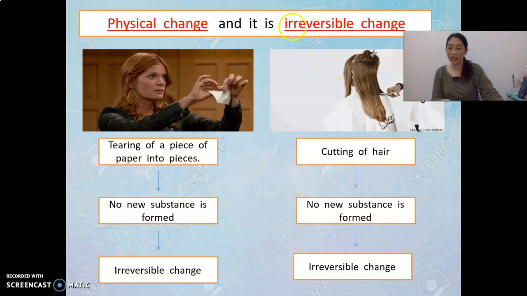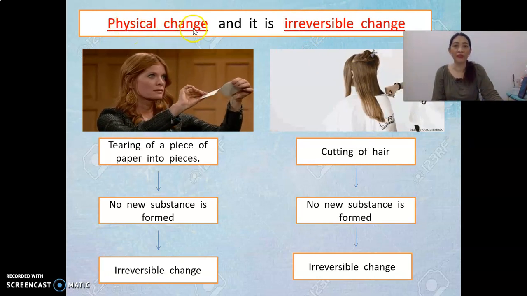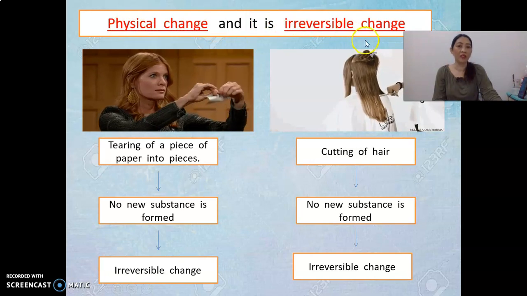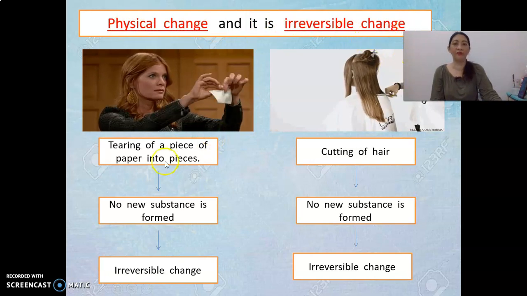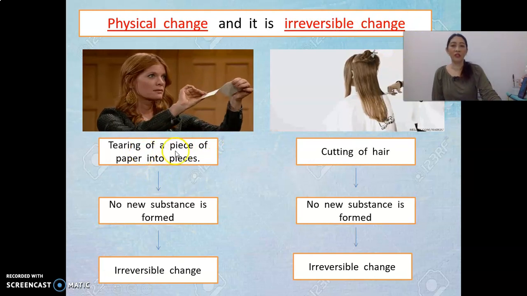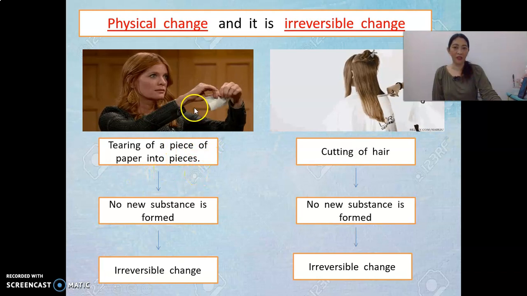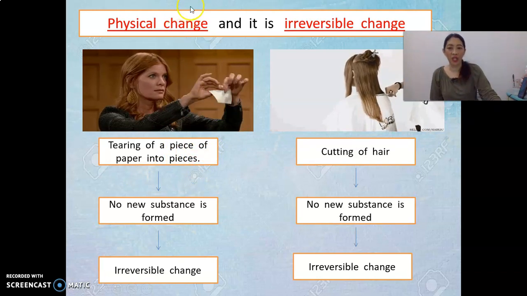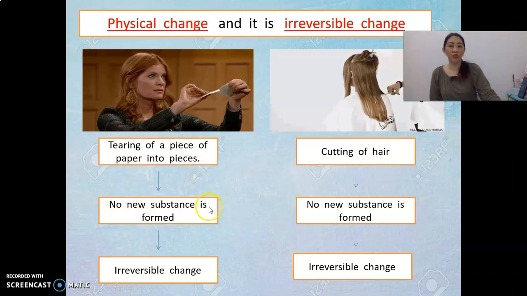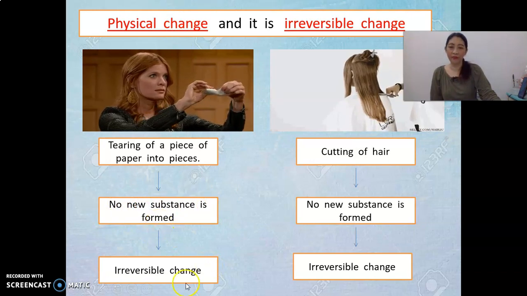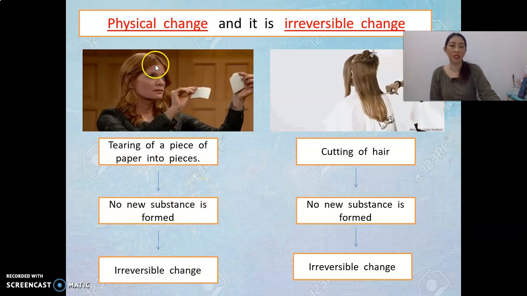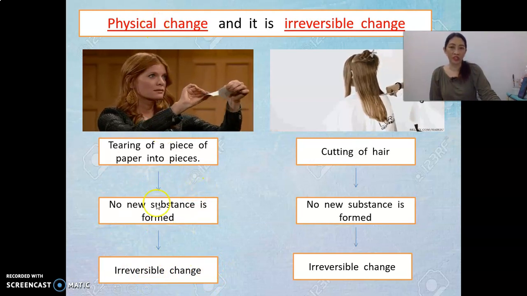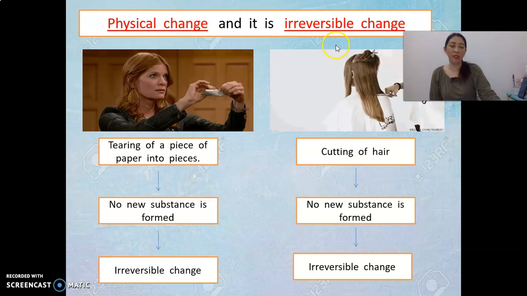Again, this is an example of physical change. Number 1 is tearing up a piece of paper into pieces. This is physical change. No new substance is formed. This is irreversible change.